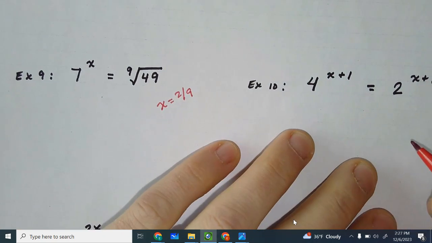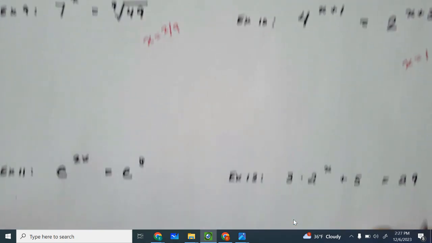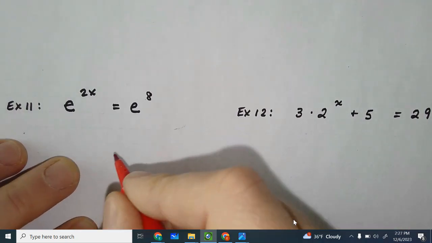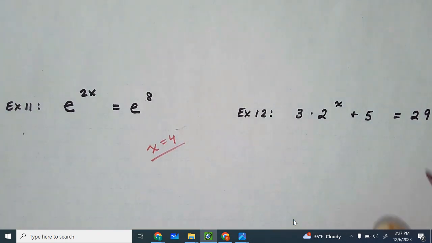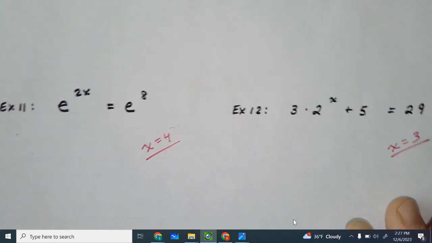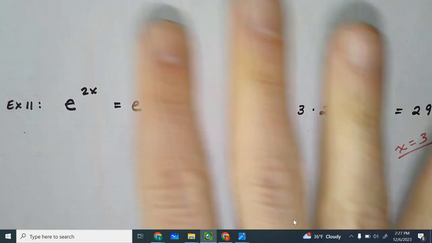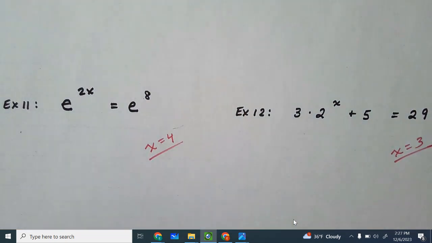Answer to number 10 is x is equal to 1. Answer to number 11 is x is equal to 4. And the last one, 12, the answer is x is equal to 3. So if you've got all 6 of those correct, you are done for today. And you can go to WebAssign and attempt the preview there.